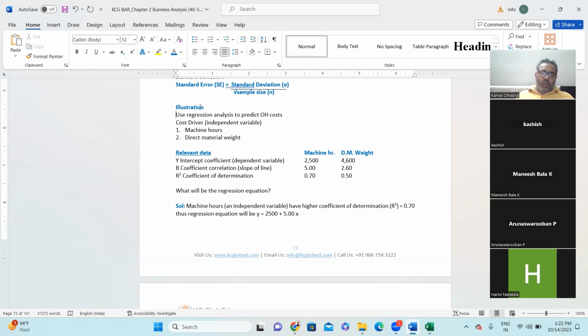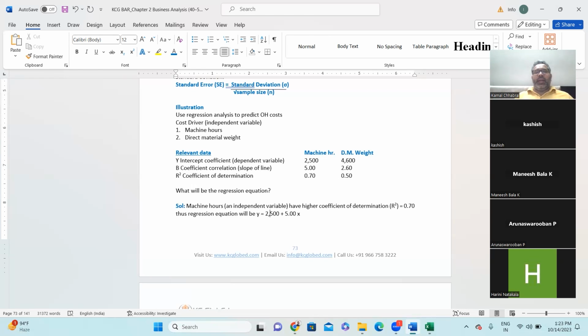That means the correlation is 70% and 15%. The dependent variable will change 70% in case of machine hours and 15% in case of direct material, right? What will be the regression equation? Machine hour as an independent variable has a higher coefficient of determination, R2, which is 70%. Thus the regression equation will be y equals 2500 plus 5x.